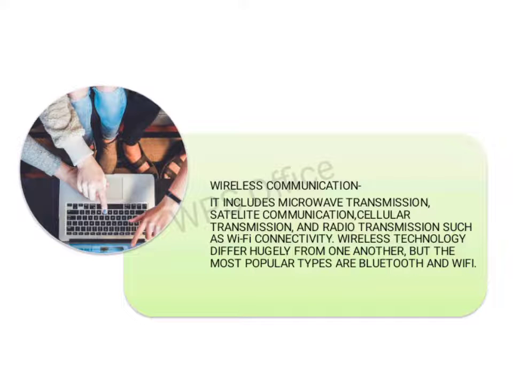Now let's tackle the wireless communication. So wireless communication includes microwave transmission, satellite communication, cellular transmission, and radio transmission, such as Wi-Fi connectivity. So wireless technologies differ hugely from one another, but the most popular types are Bluetooth and Wi-Fi.